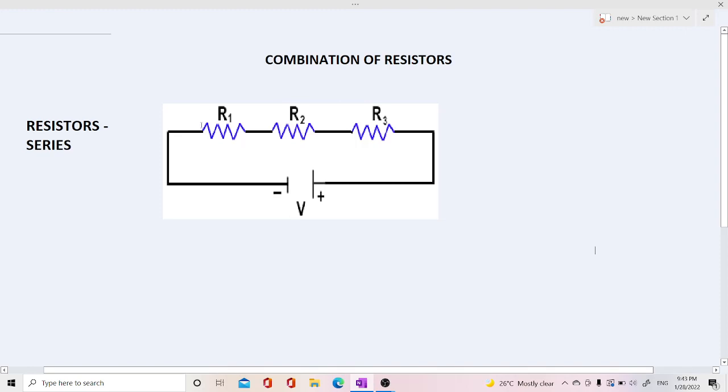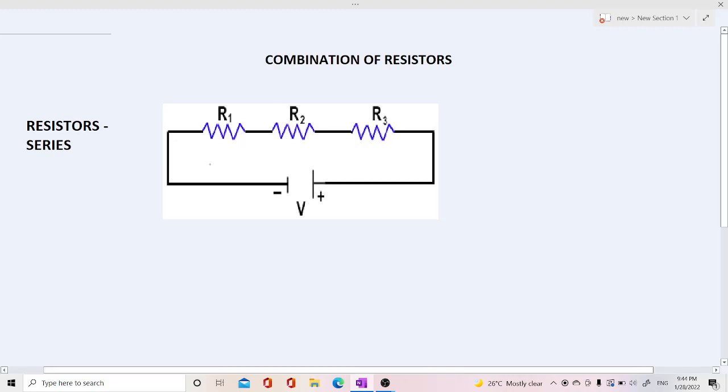Potential difference V1, R2 is potential difference V2, and R3 here potential difference is V3, which means here V3, V2 and V1, the potential differences are divided according to the value of the resistance, and if the resistance is different, the amount of current and the potential difference will depend on the value of that resistance.